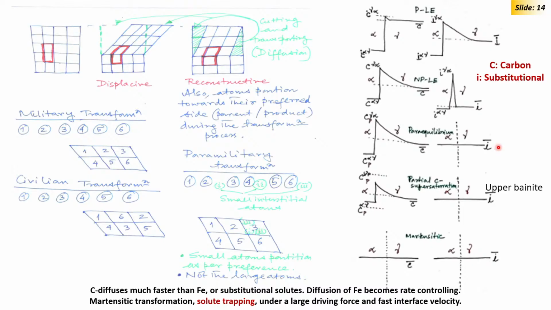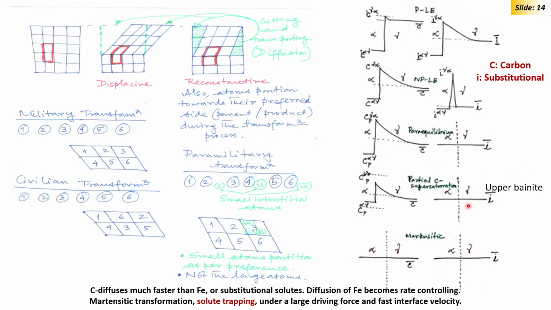Okay. So, say Widmanstätten ferrite, where the carbon is completely leaving. What is the difference between this and para-equilibrium with partial carbon supersaturation? There is a small difference between them.